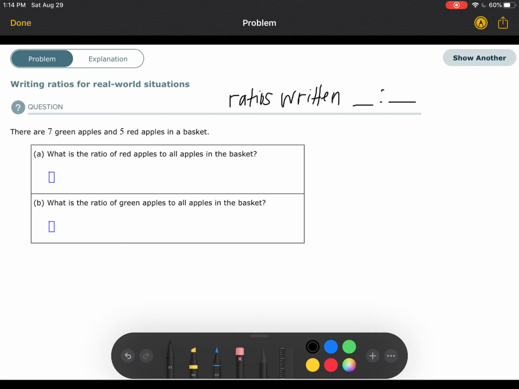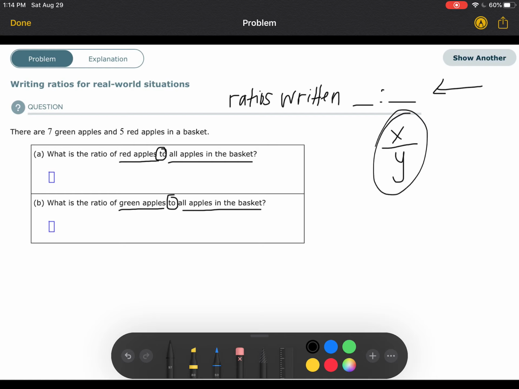It can be written in word form, where it's literally saying something to something else, like it does have here, like green apples to all the apples in the basket. And then it can be written as numbers, which is one of the ways that we're going to do it today. And then sometimes it can also be written as fractions. But we're not going to get into that today. You don't need to know that for this quiz question.